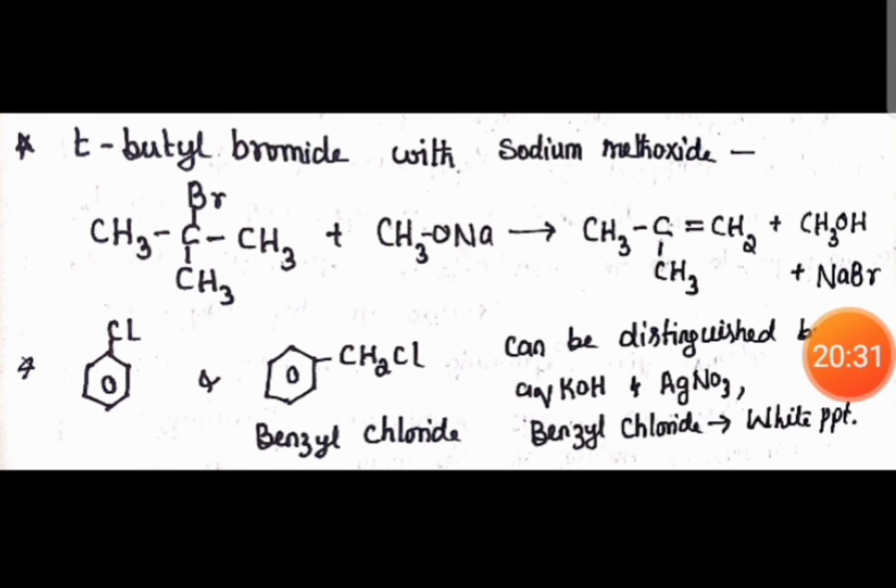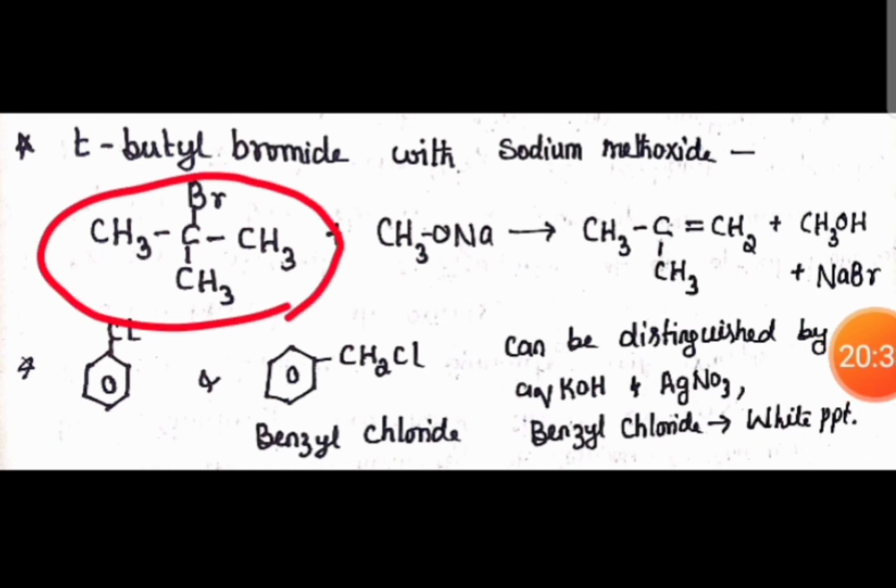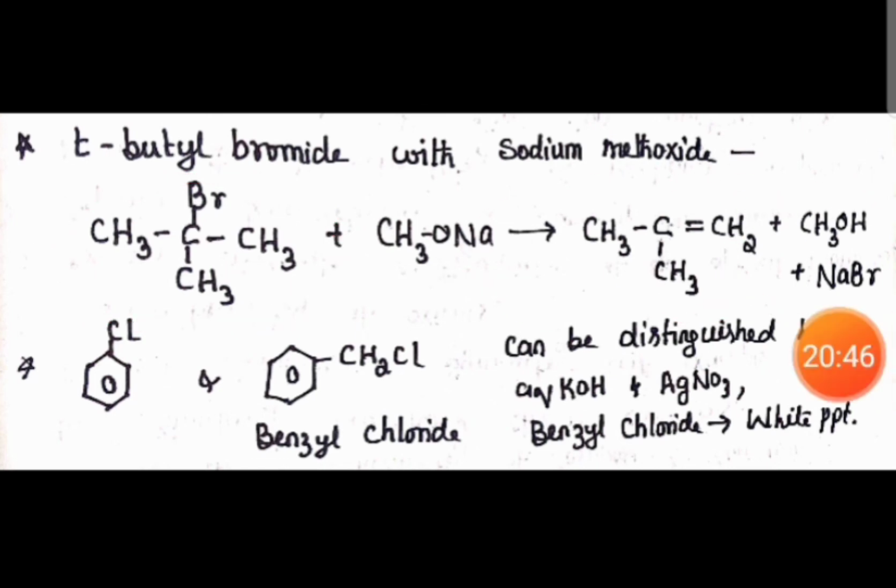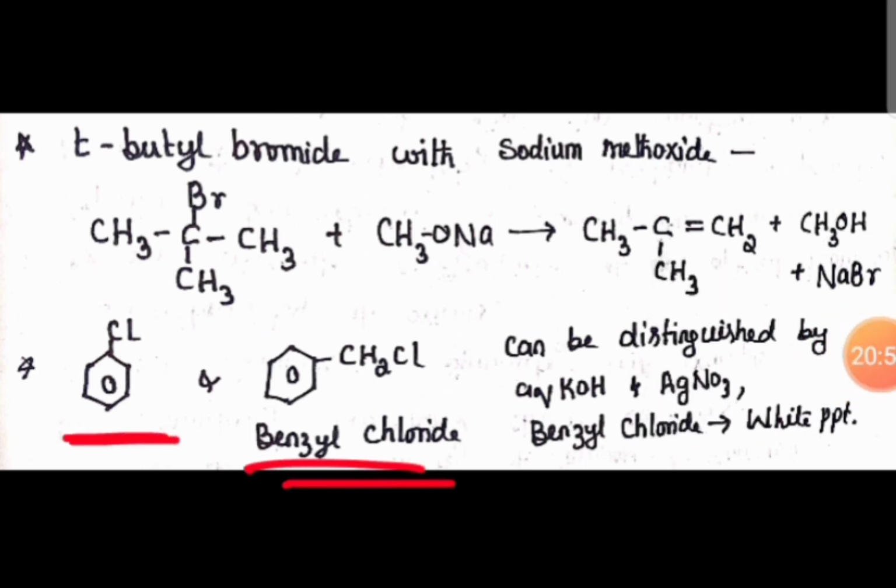Now, this is tertiary butyl bromide. When you treat it with sodium methoxide, CH3ONa, you will get this particular product, that is 2-methyl propene, with the formation of methanol and NaBr. Then we have two compounds, chlorobenzene and benzyl chloride. Now we need to distinguish these two.